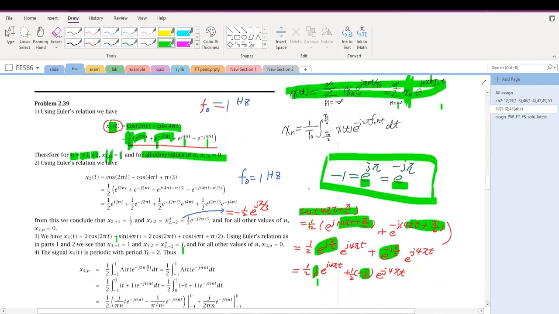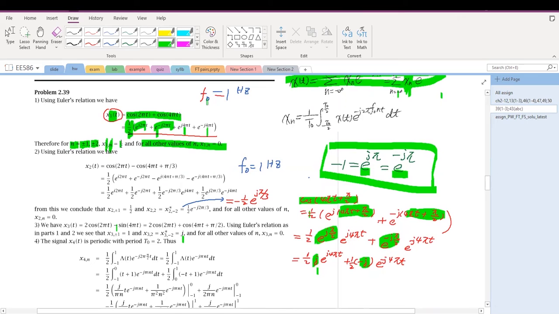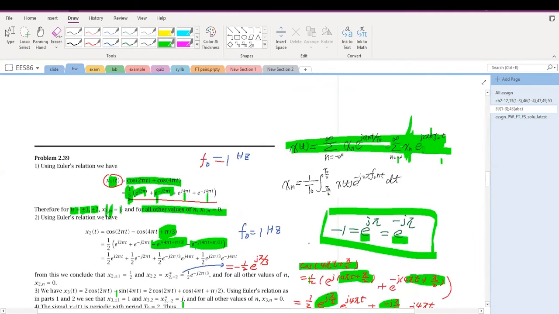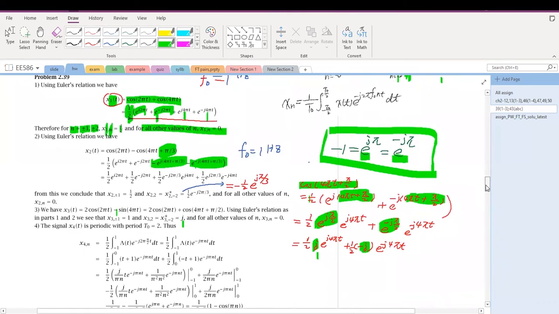For the second question, the fundamental frequency is the same, but there is a phase shift here. We use Euler's formula again, and compare with the general formula for the Fourier series decomposition. For the second signal, when n equals plus 1 and minus 1, the coefficient is half.